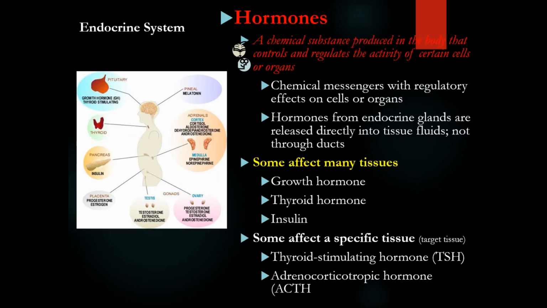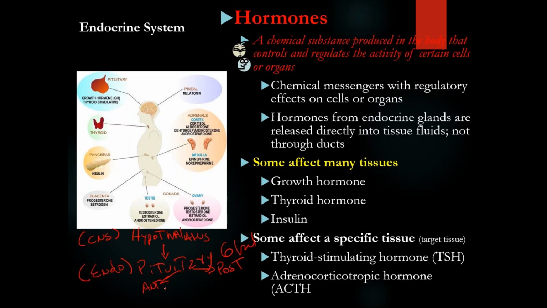The axis means that we have the hypothalamus, the part of the central nervous system that is in relation with the pituitary gland. So that is the endocrine system. The pituitary gland is divided in anterior, or adenohypophysis, and then the posterior, or the neurohypophysis.